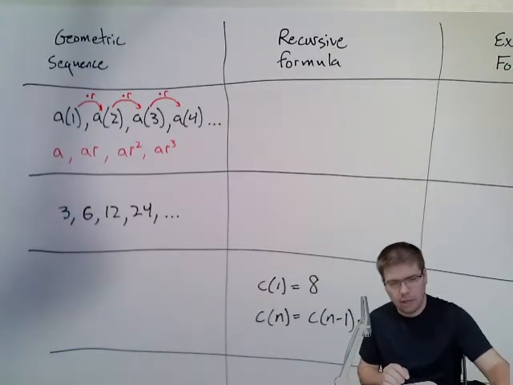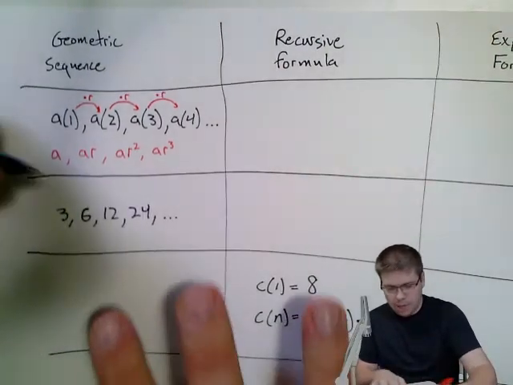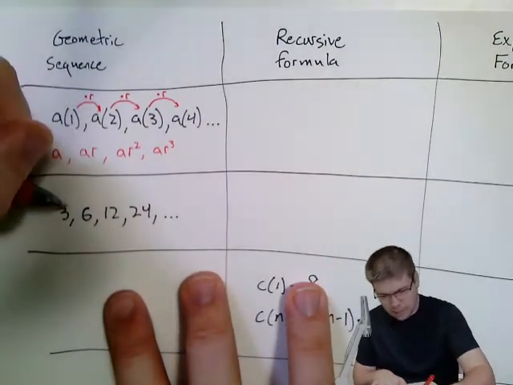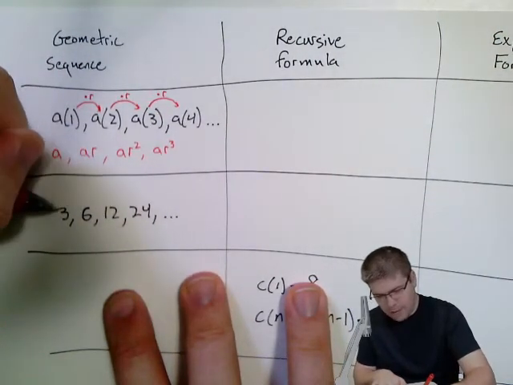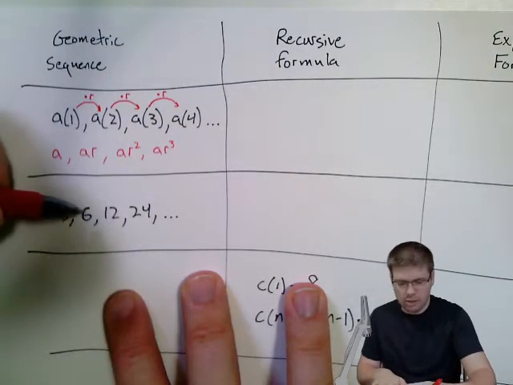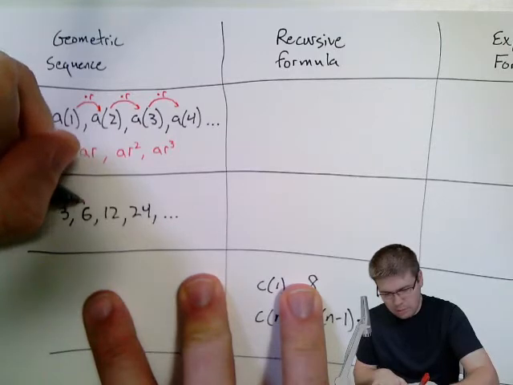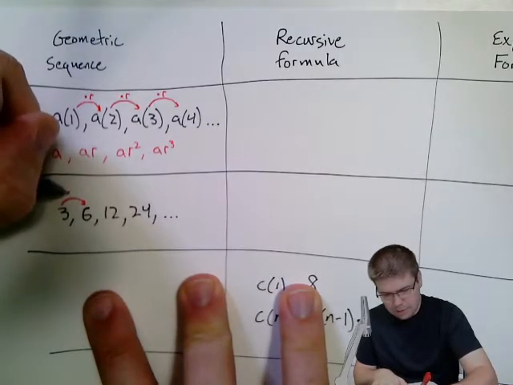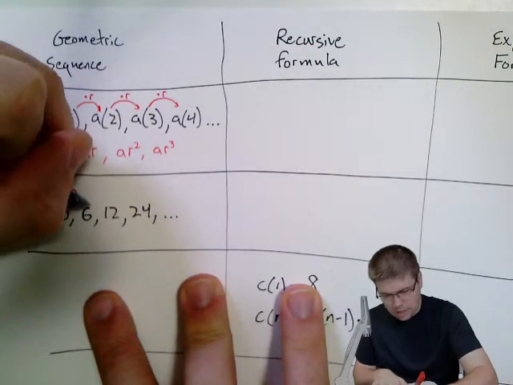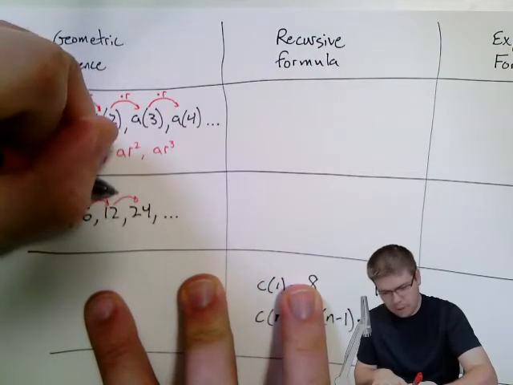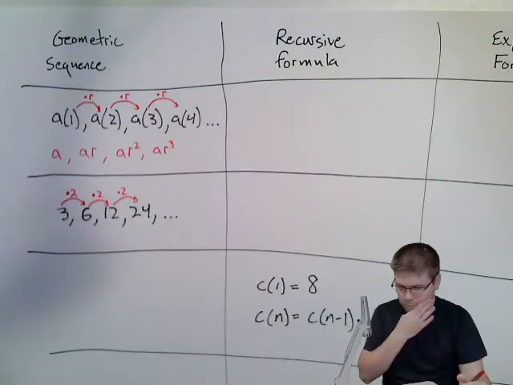So if I look down here, the ratio that we're multiplying by, I'm not just looking at a difference, we're looking at a ratio. So what did I multiply by to get from 3 to 6? You can do 6 divided by 3 to get 2. 2 is that ratio. So we multiplied times 2. To get from 6 to 12, it was times 2. And from 12 to 24, we're doing times 2.